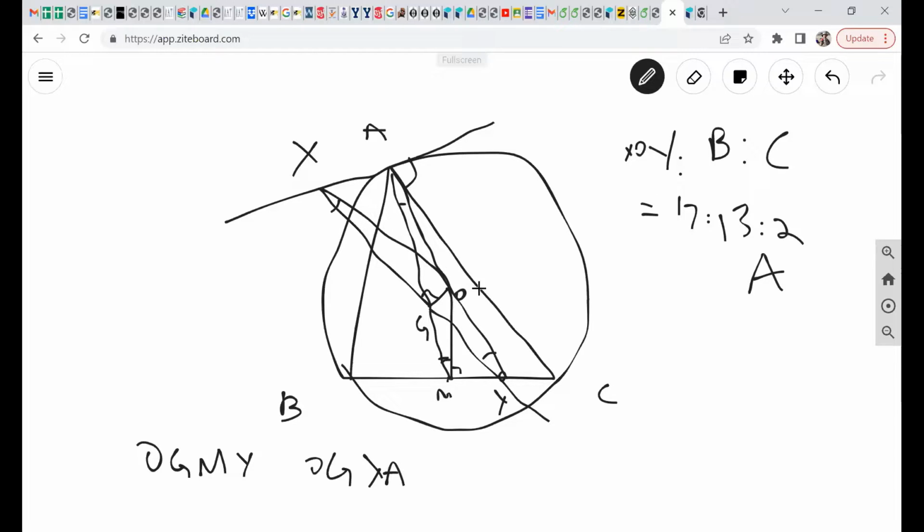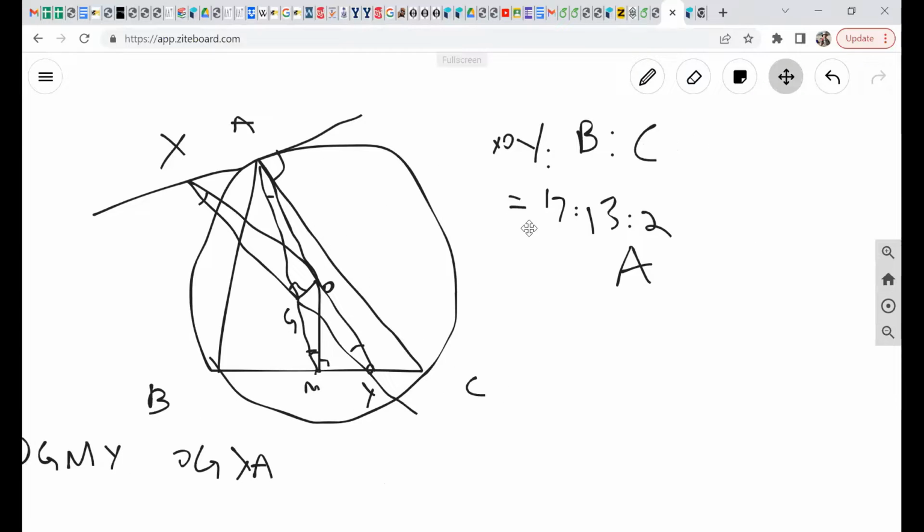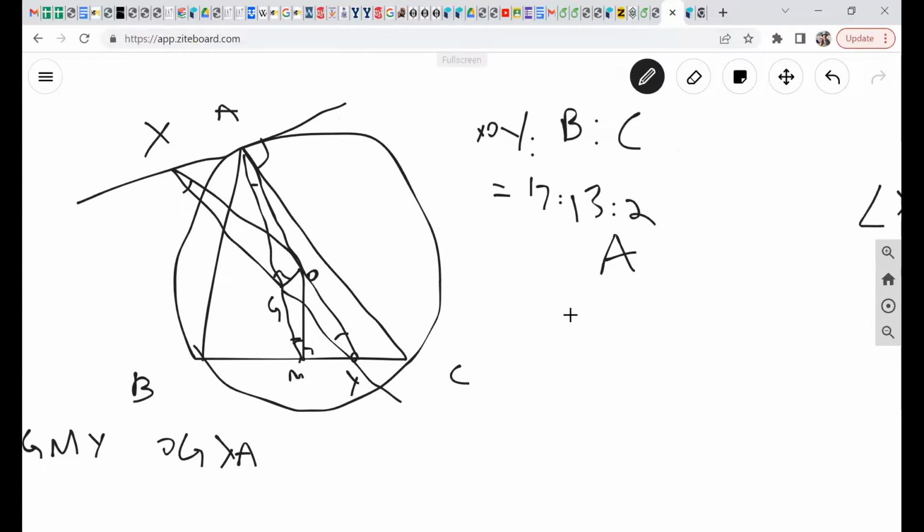And now what we can do from here is we can try to find, so that means that we know XOY equals 180 minus the sum of these angles, which is equal to angle AOM.